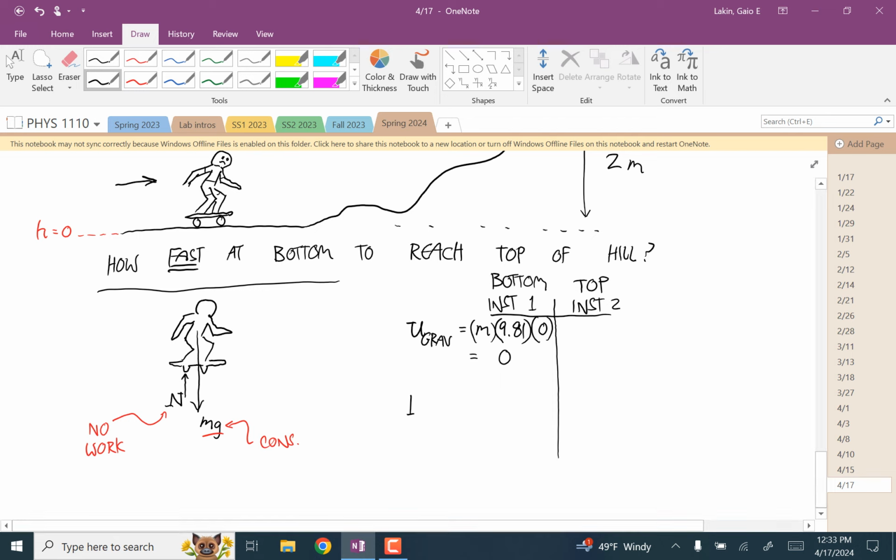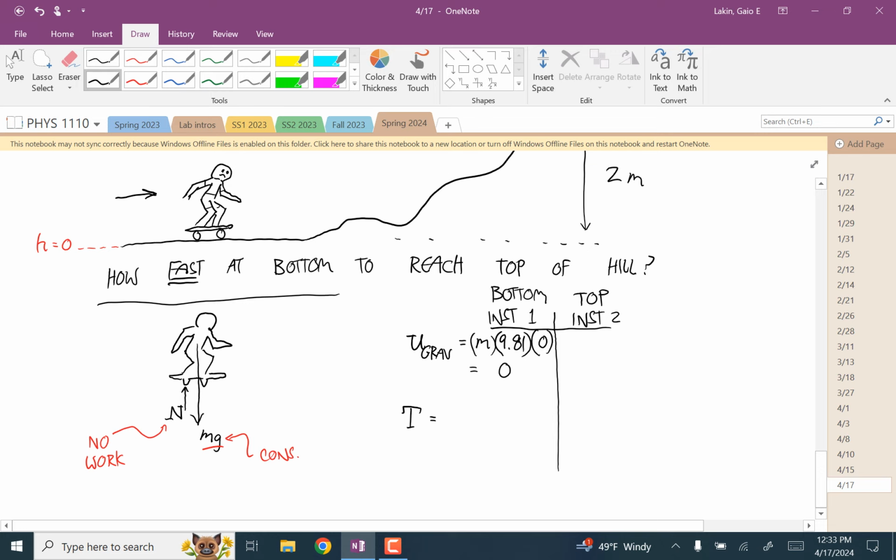Then the kinetic energy at the bottom of the hill. We don't know how fast the person's going in this case, so we're going to call that v, and that's what we're going to try to solve for. So this is 1/2 times the mass m times v squared.